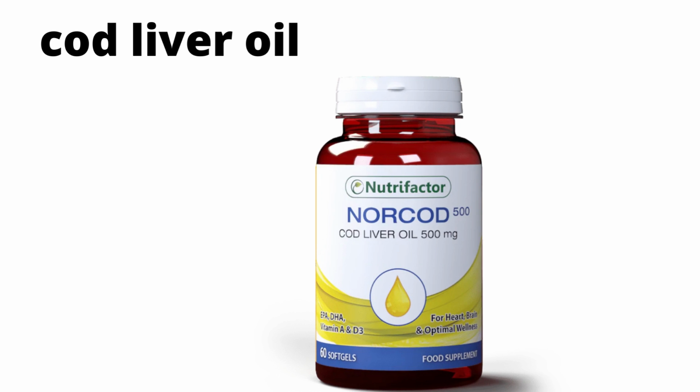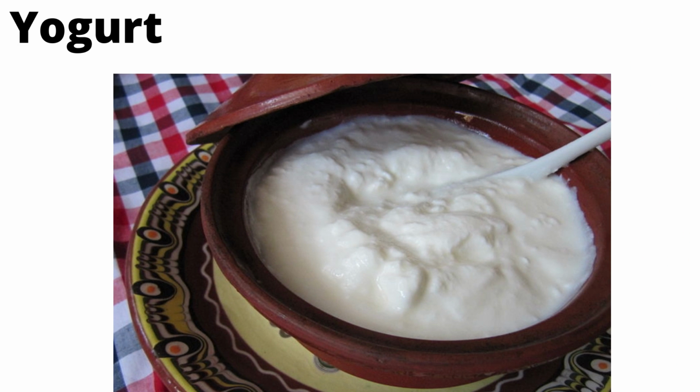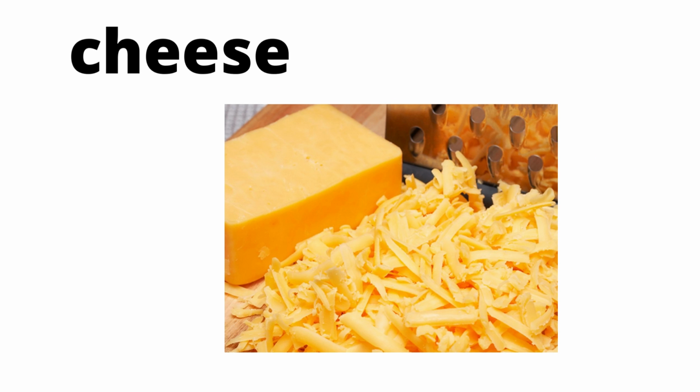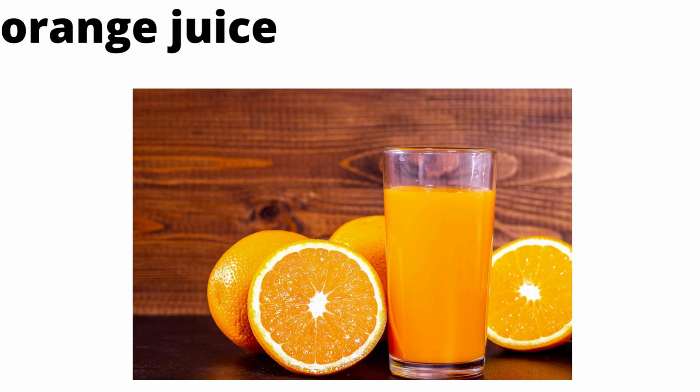Cod liver oil is also a good source of vitamin D. Yogurt, cheese, orange juice. So these are some sources of vitamin D from where we can fulfill our vitamin D deficiency.